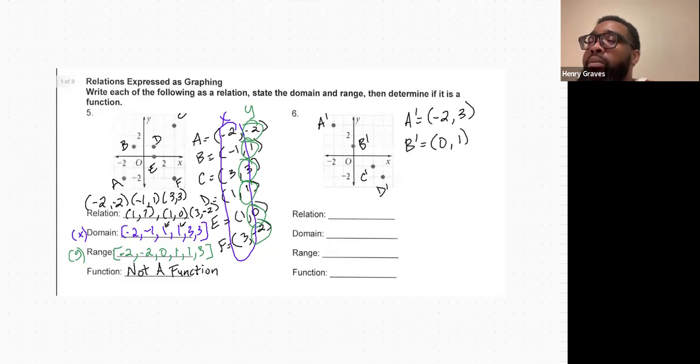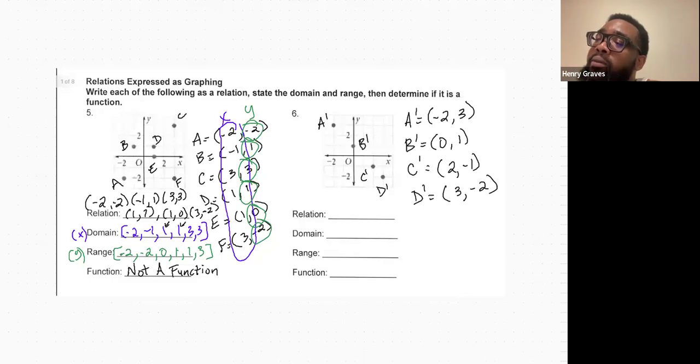And for C, it's going to be 2, -1. And D is going to be 3, -2. So that's going to be my relation, right? My relation is my ordered pairs: -2, 3, 0, 1, 2, -1, and 3, -2.